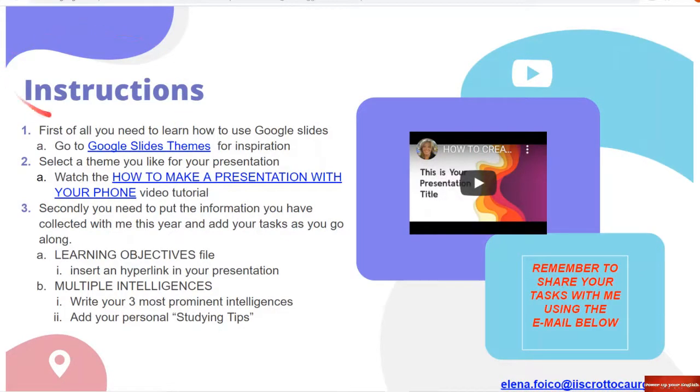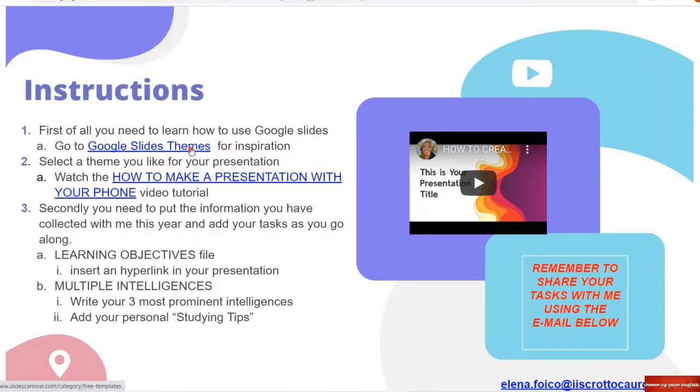Perfect. Here you have a set of instructions. You also have videos in my presentations, so please watch the videos first. First of all, we need to learn how to use Google Slides. So the first thing we need to do is to go to Google Slides themes for inspirations. If you click on this link, it is an interactive link, it's going to open another page.